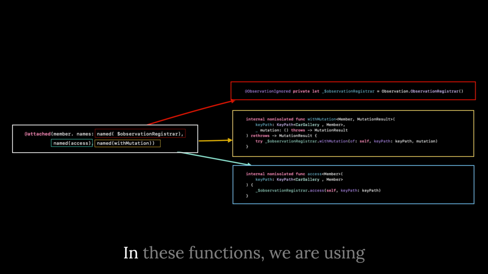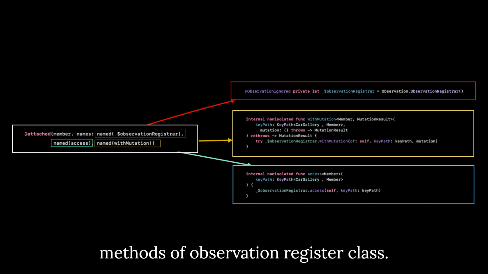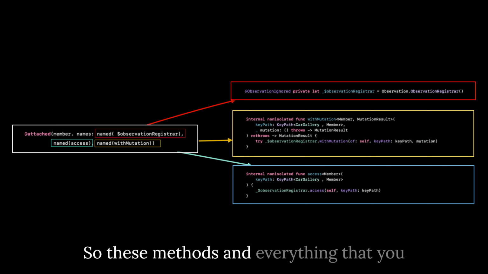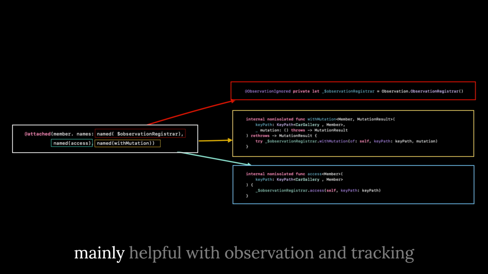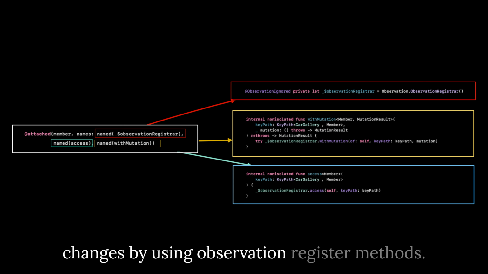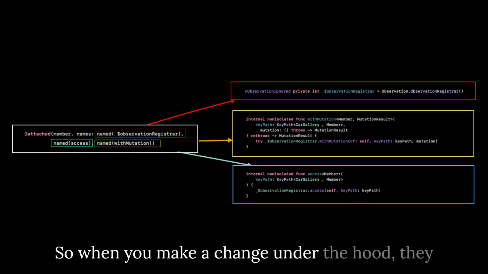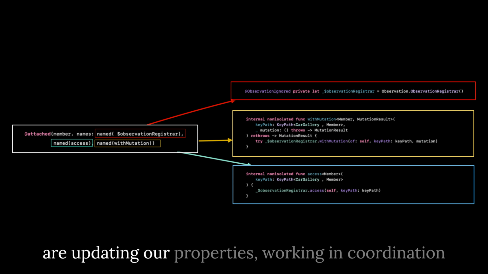In these functions, we are using methods of the ObservationRegistrar class. So these methods and everything that the member macro is creating are mainly helpful with observation and tracking changes by using the registrar methods. So when you make a change, under the hood they are updating our properties, working in coordination with the peer macro of ObservationTracked.